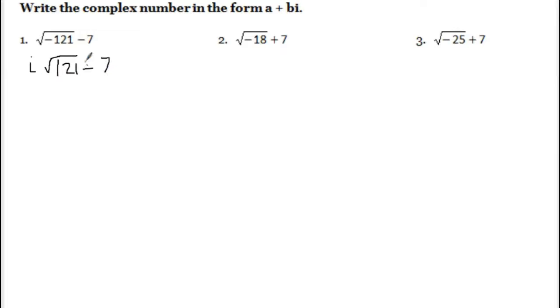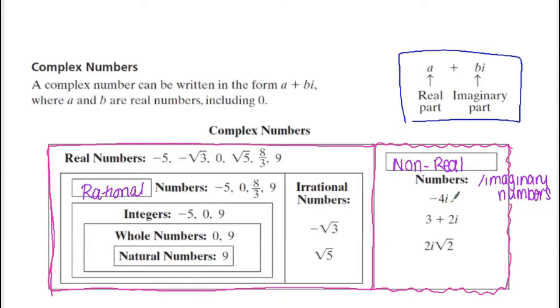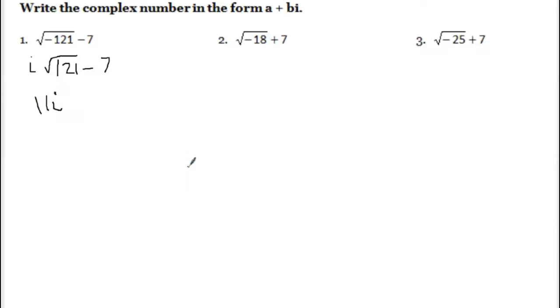Then you say, okay, the square root of 121 is 11. The 7 just tags along. So it's 11i minus 7.